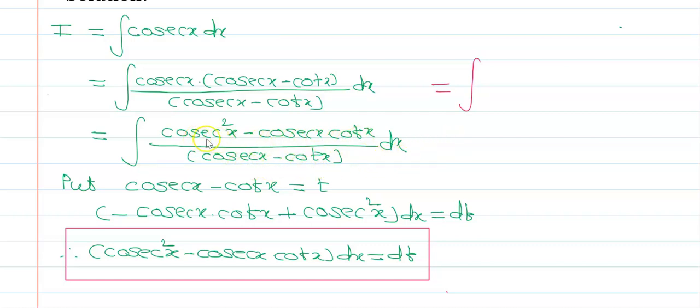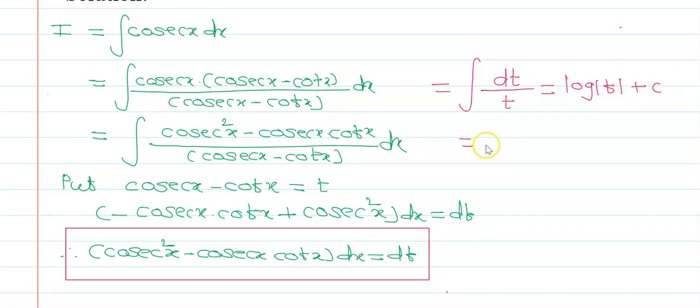We will change the value of this cosec square x minus cosec x into cot x into dx, that's nothing but dt, and cosec x minus cot x is t, and therefore its answer is log of mod of t plus c.